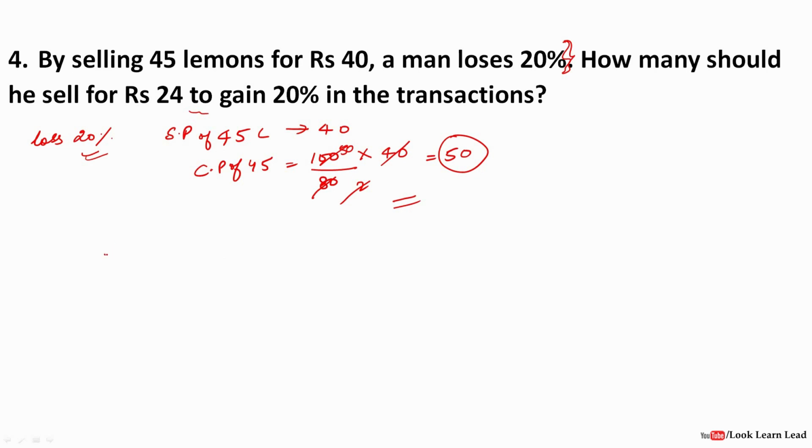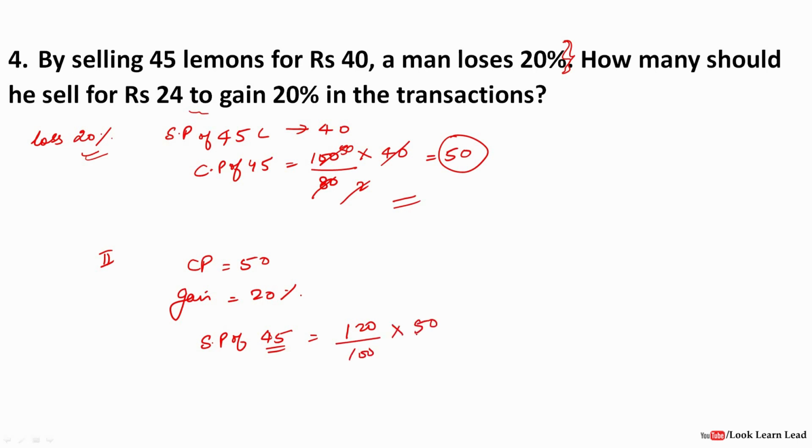So in the second case, we have the cost price, that is 50, and we have the gain percentage, that is 20%. Okay. Now the selling price of 45 lemons would be what? After 20% gain, it would be 120 upon 100 into cost price.